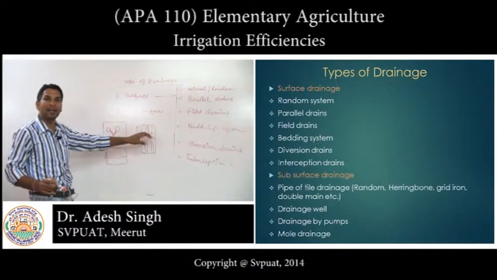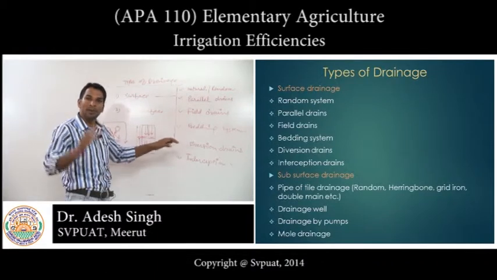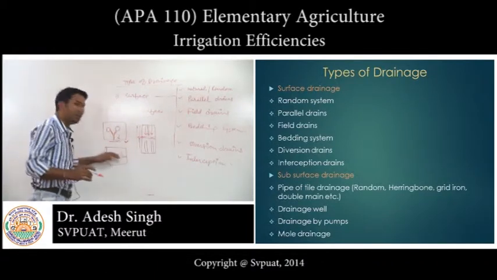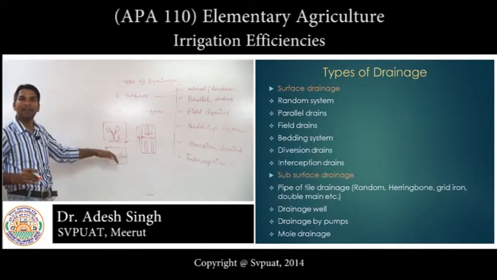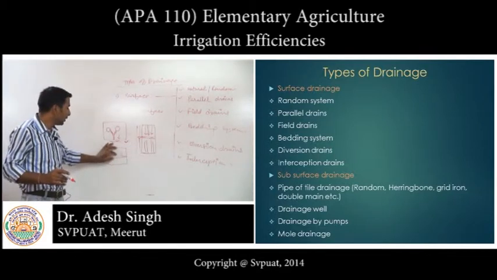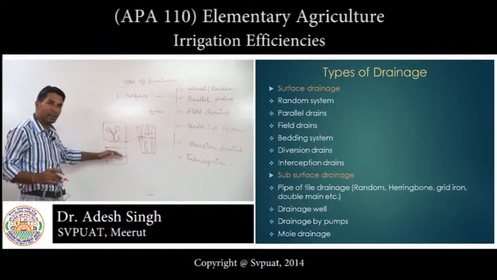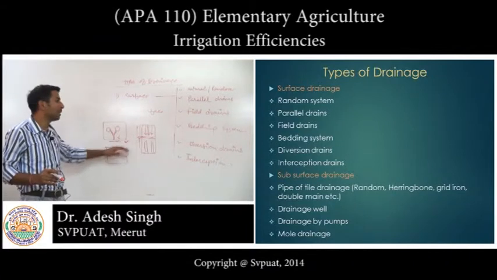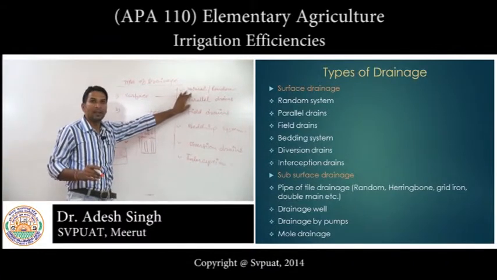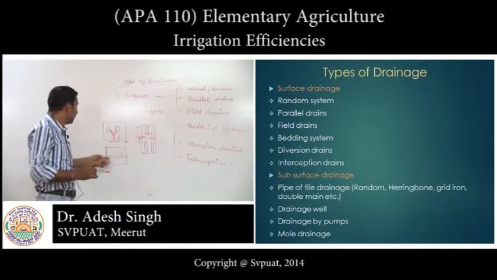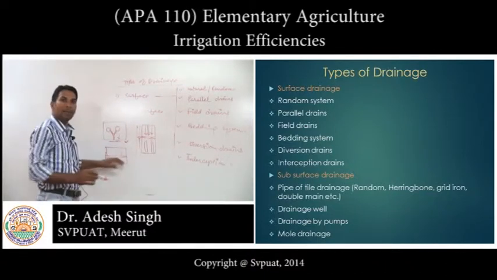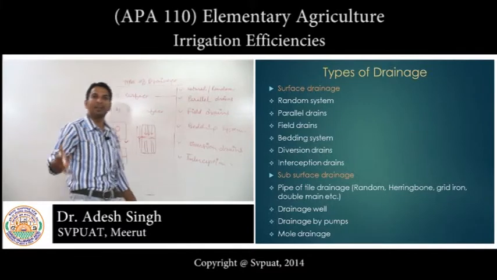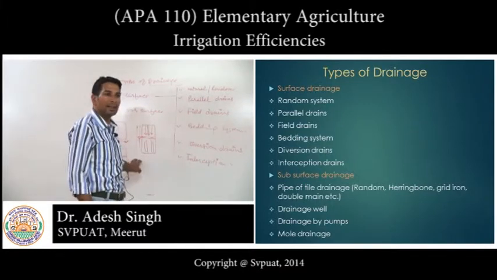The parallel ones are simply used for one season only, but these can be of semi-permanent type, having a deeper depth, and they will last for 1 year or 2 seasons.